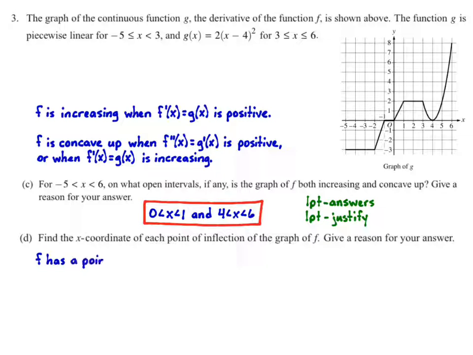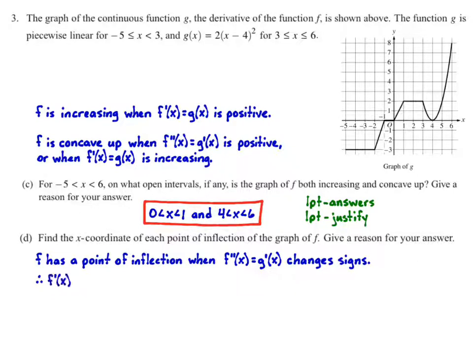So f has a point of inflection when f double prime, which equals g prime, changes signs. Because we want to write it in terms of g, we're going to change that to say, therefore, f has a point of inflection when f prime, which equals g, changes direction. Now, in this case, we only see one change in direction, and that's when x equals 4.